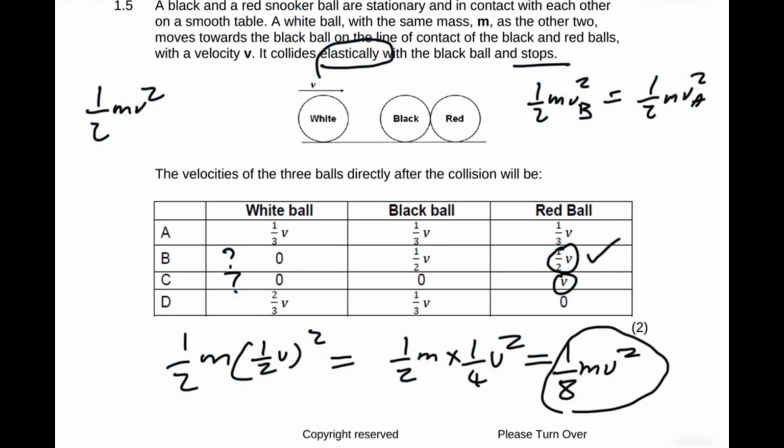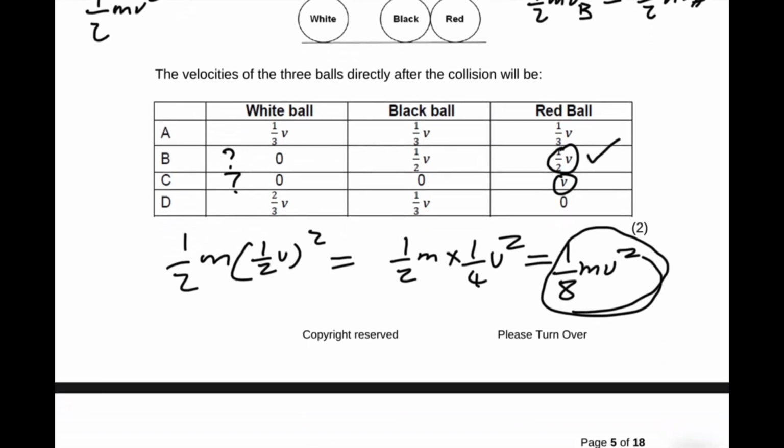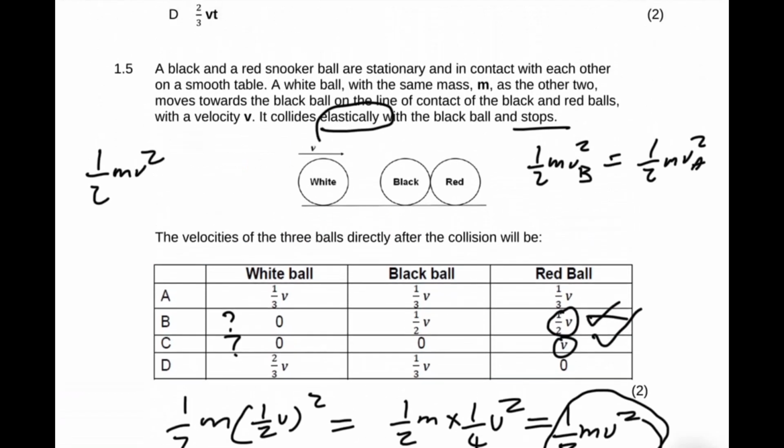So the kinetic energy will not be conserved anymore if the red ball moves with a velocity of 1 divided by 2v. But if it moves with a velocity of v, then we'll still have 1 over 2 mv squared, and then EK before will be equal to EK after. So our answer for 1.5 is C.